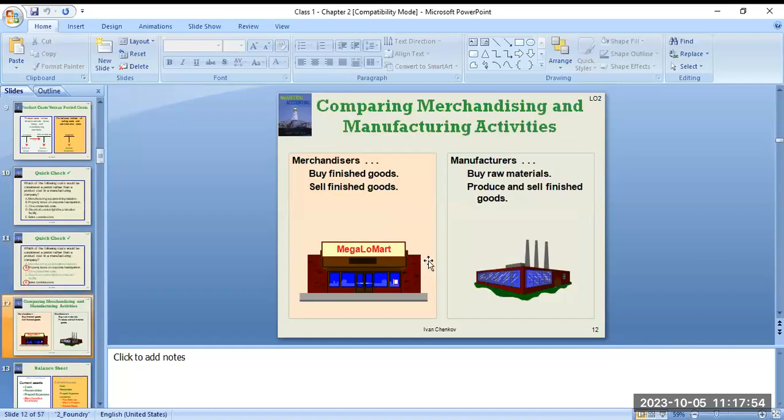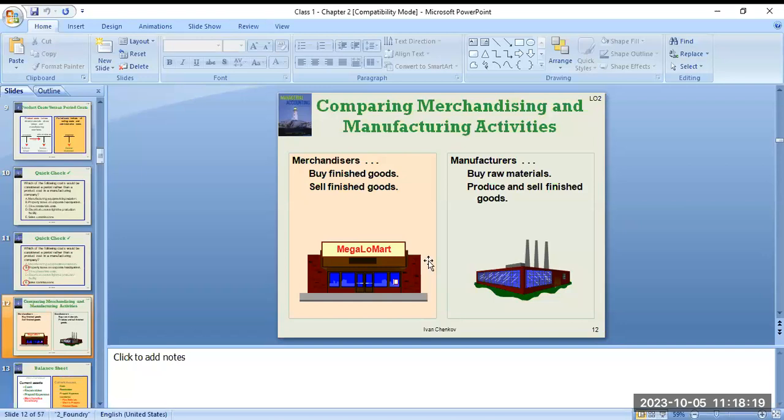Good. Now let's see what type of activities we have in the company. Based on the type of activity, we have two types of companies. One is the merchandising company. The other one is the manufacturing company. What's the difference? Huge.